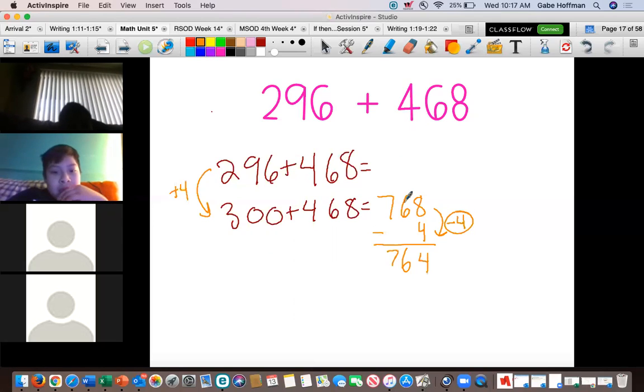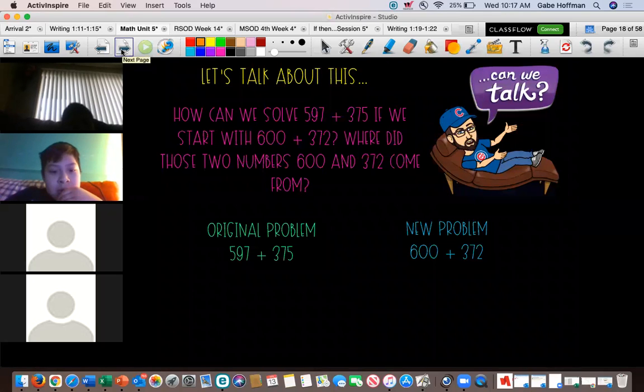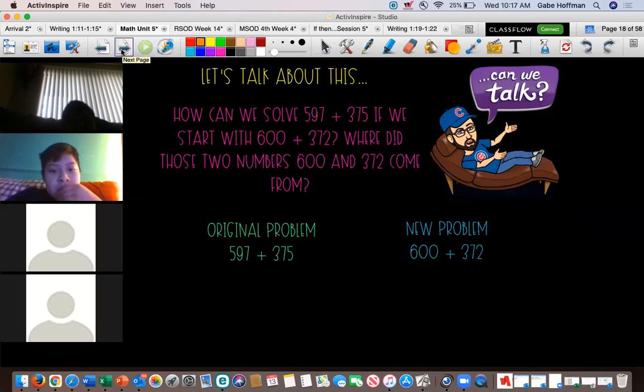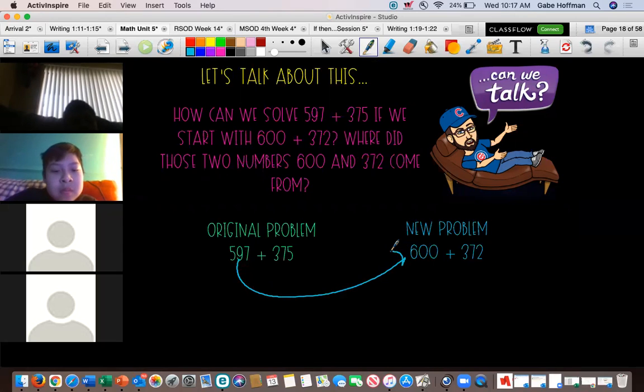So a good way to look at it is, we're going to look at this next one right here. My original problem was 597 plus 375. One of my students, this was a strategy they used last year. So what they said is, I want to make it more friendly. So if you can see, they changed 597 to 600.